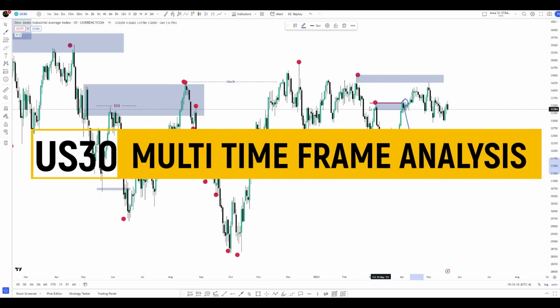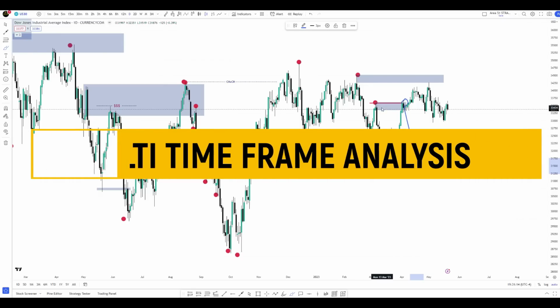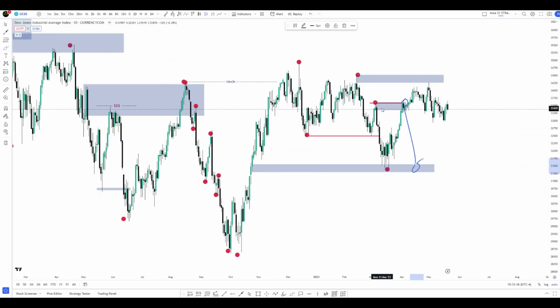They induce the traders to get into the trade, and then they take them out of the trade, turning this inducement into liquidity. When you enter the trade here, you put your stop loss right here. What happened after that is the price continued creating higher highs and taking all the orders that were executed here.